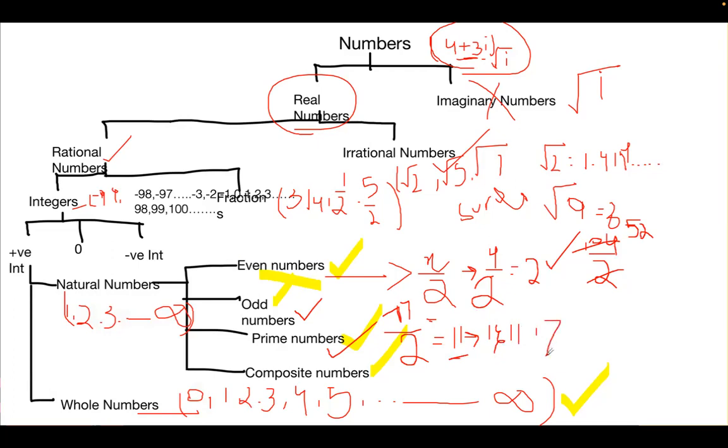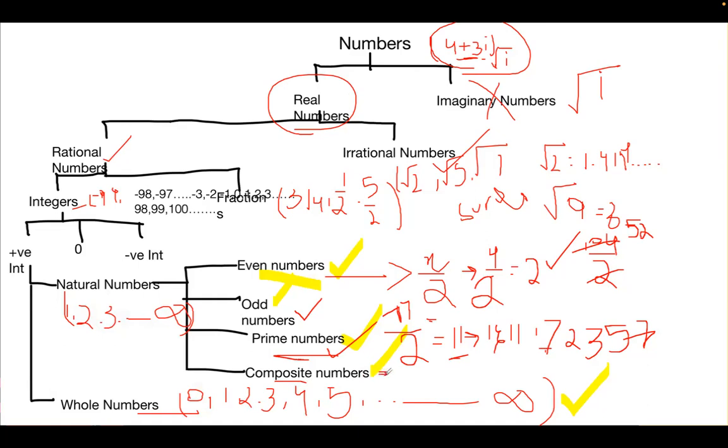And 7, 2, 3, 5, 7. All these are prime numbers. Okay. Let us see what a composite number is. Composite numbers are those numbers which have more than 2 factors. If a number has more than 2 factors, it is known as a composite number.